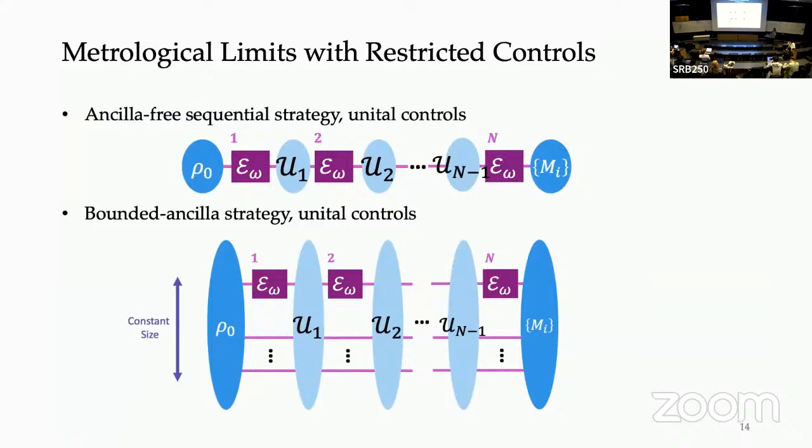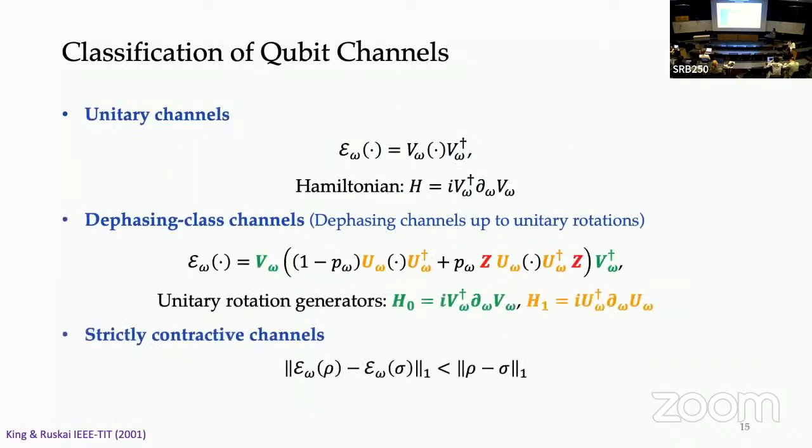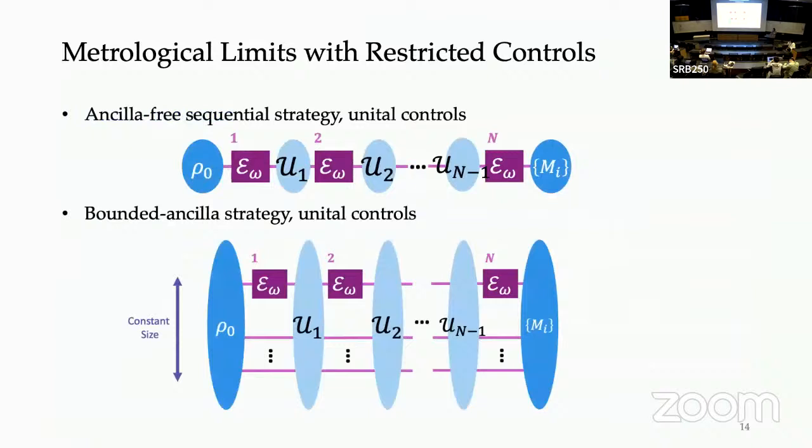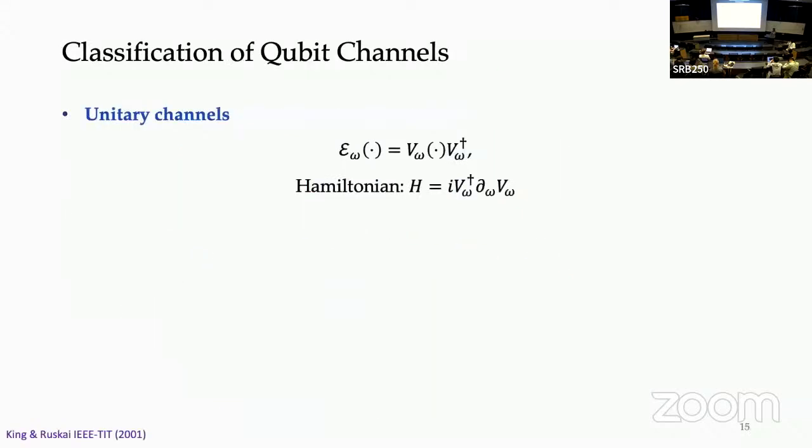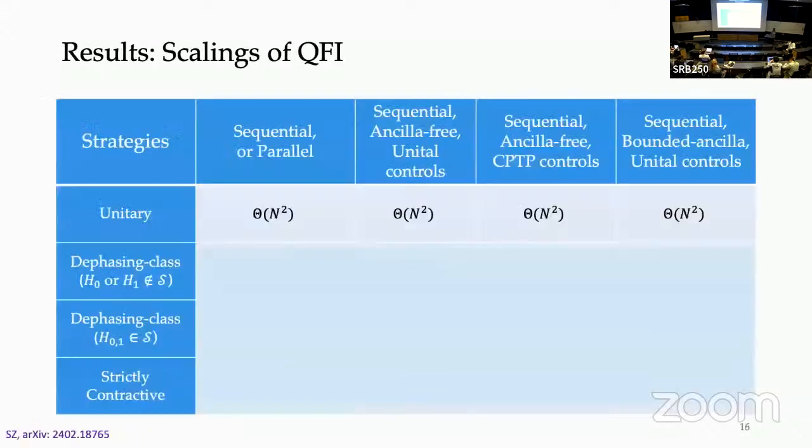Oh, so the first column is measurements as well? Yeah, because in the first column you have ancilla, you can always defer the measurement to the end. So it effectively means that you can do mid-circuit measurement. But in the restrictive control strategy, I don't allow a sufficient amount of ancilla. That's why you cannot do measurements as many times as you want. Thanks.